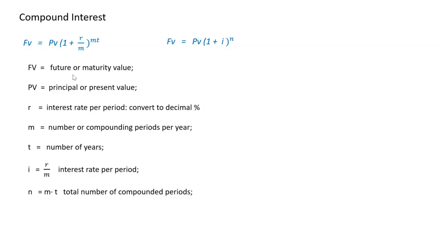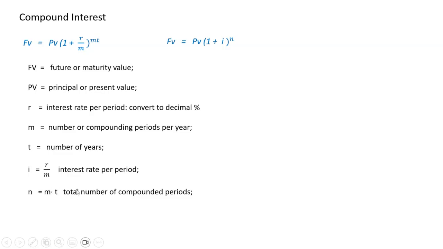The PV stands for principal or present value. The R stands for the interest rate per period, converted to decimal. M is the number of compounding periods per year. The T is the number of years, so the time is going to be in years. The I is the interest rate per period, which is R divided by M. And the N is M times T, the total number of compounding periods.